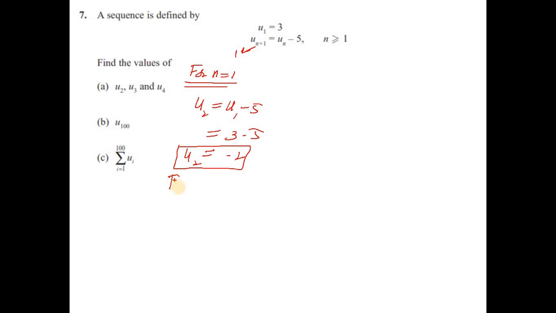Similarly, for n is equal to 2, u3 is equal to u2 minus 5. That means minus 2 minus 5, which is minus 7. This is u3.